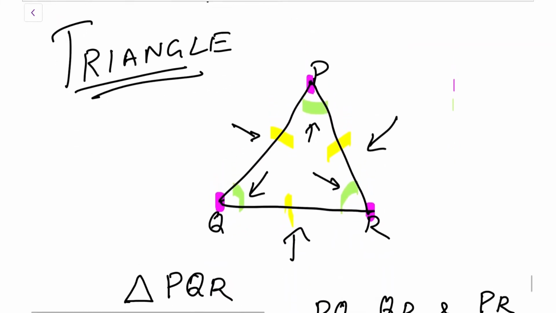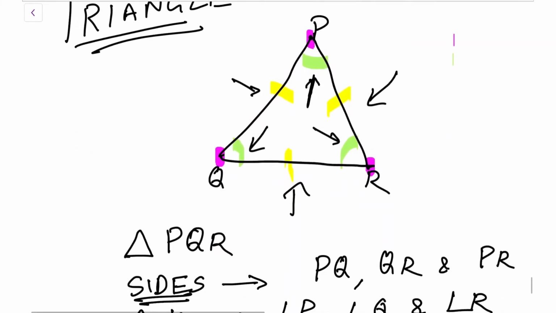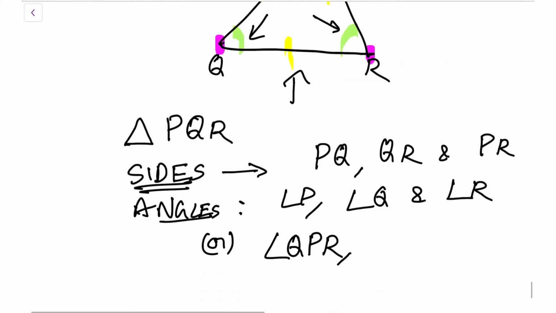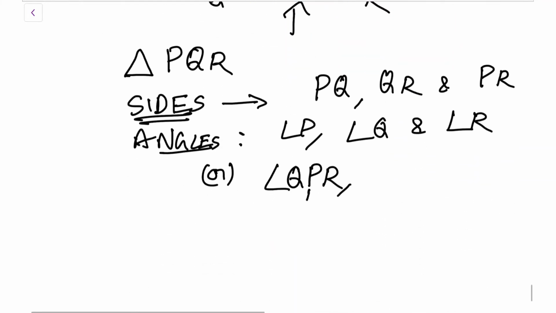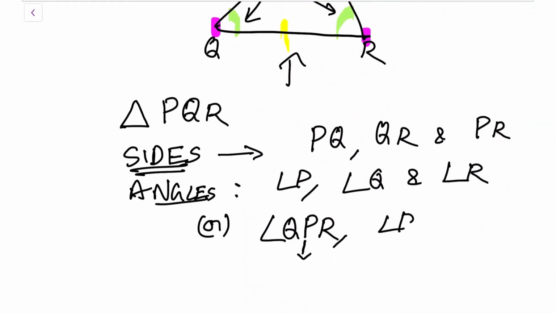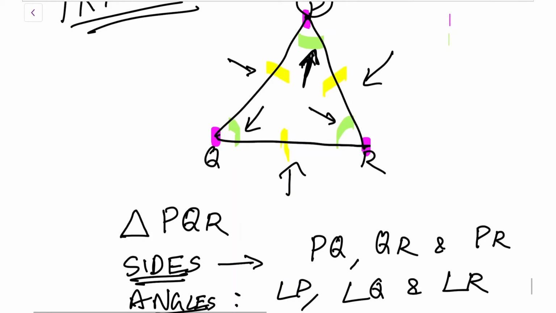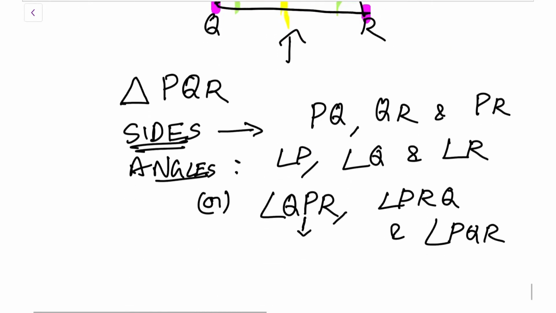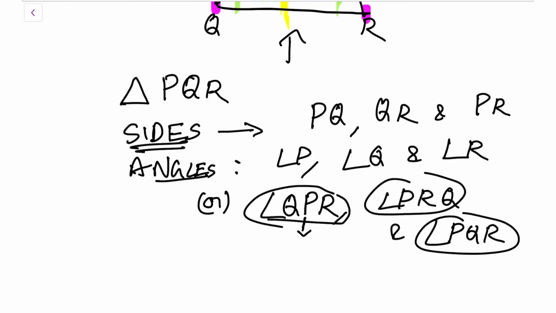QPR is going to be this angle because P is in the center. P is the vertex. That's why you have P in the center. And then you have angle PRQ and angle PQR. Okay. So this is PQR and this is PRQ. When you name the angles this way, always remember that the center, the vertex has to be at the center.